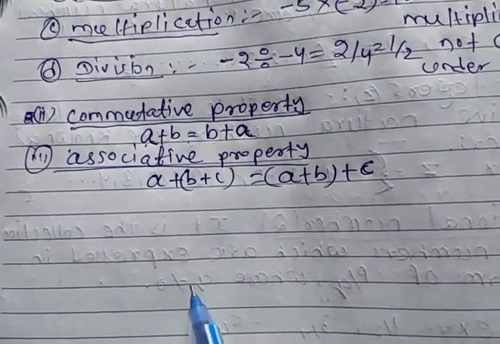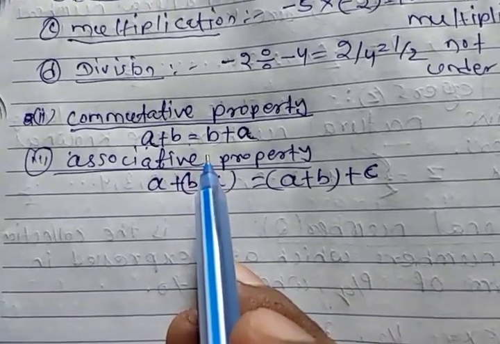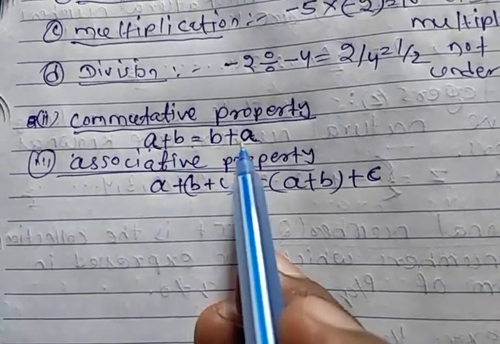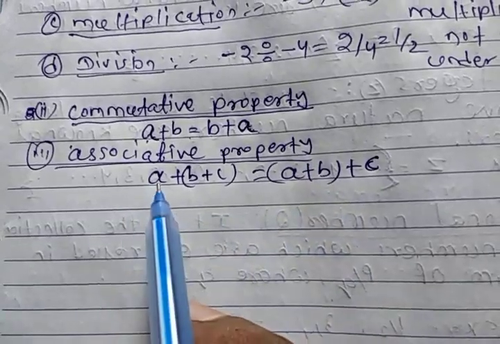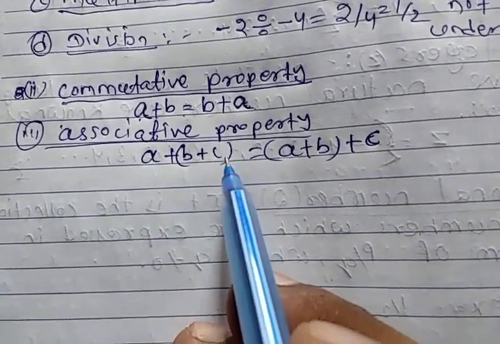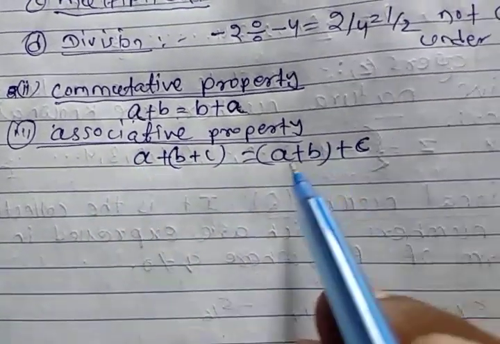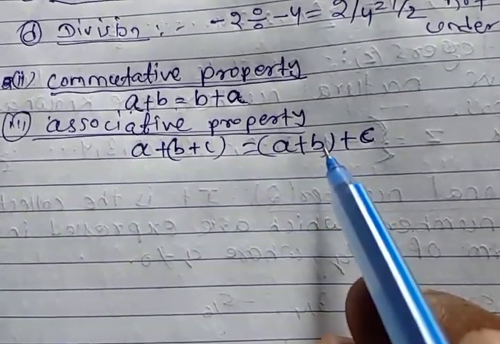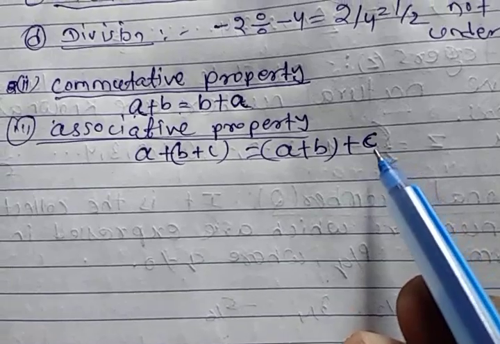We check for rational numbers. I just said what the properties are. Associative properties: we take three numbers A, B, C. First we add B and C, then add with A, which is also equal to adding A and B first, then C.